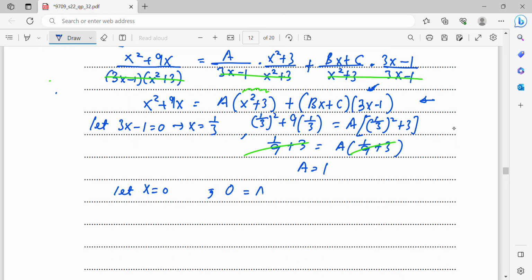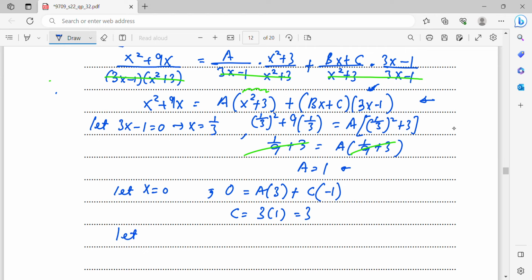Right hand side I will get a bracket 0 plus 3 is 3, plus b times 0 is 0, then I just get c bracket 3 times 0 is 0, then 0 minus 1, I will get minus 1. So now my c, I will move it to the left hand side. It becomes 3a. So now my a is 1 from the previous calculation, so it becomes 3. Okay, so 3 times 1 is 3.